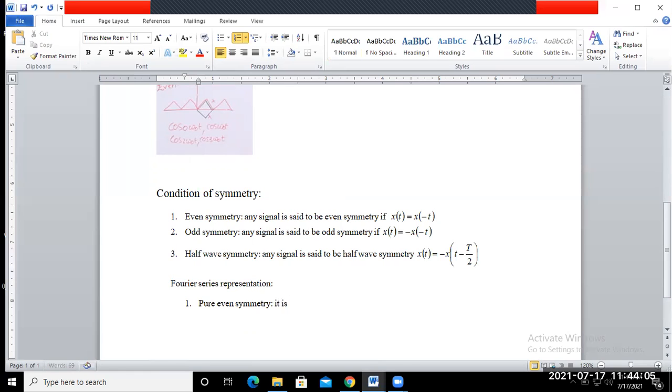So it consists only of even symmetric terms, that means cos 0 omega naught t, which is 1. This is your constant term, that means a0.